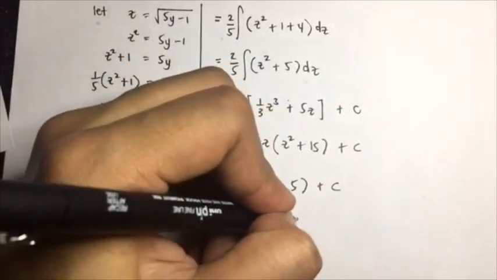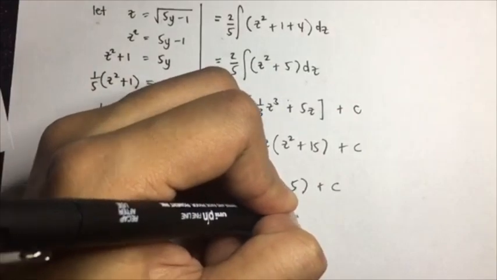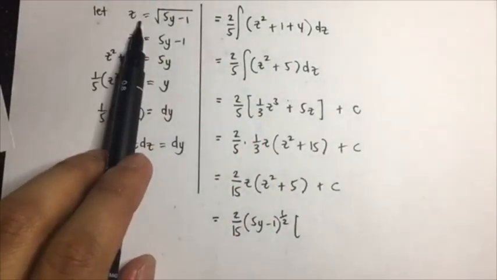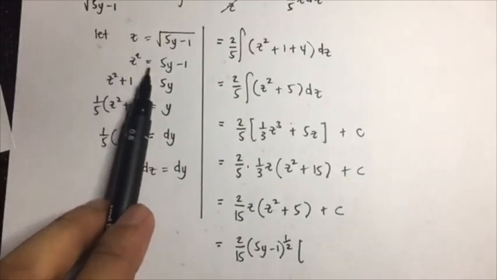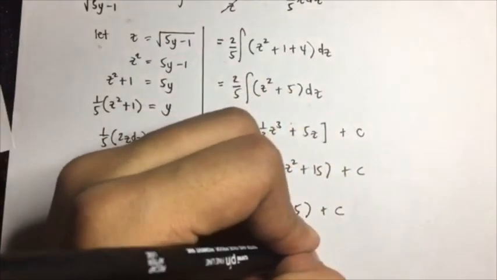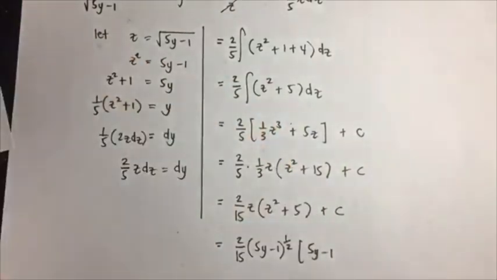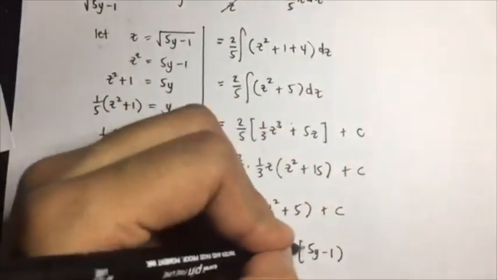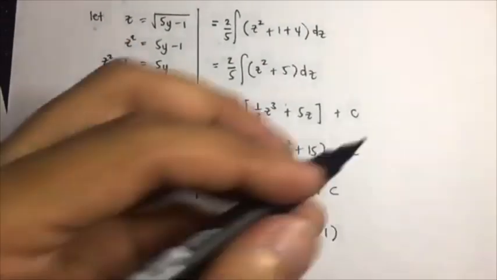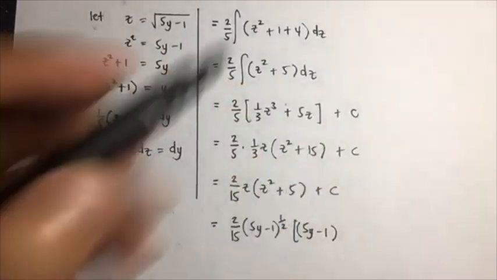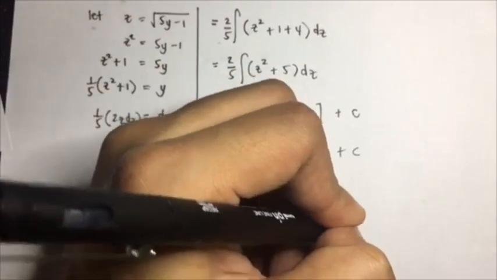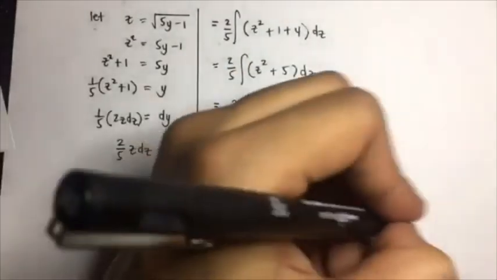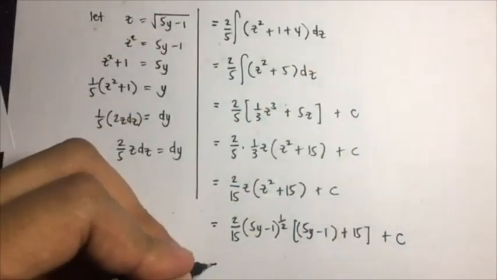Then multiplied by z squared, and z squared is equal to 5y minus 1, plus 15, plus c.